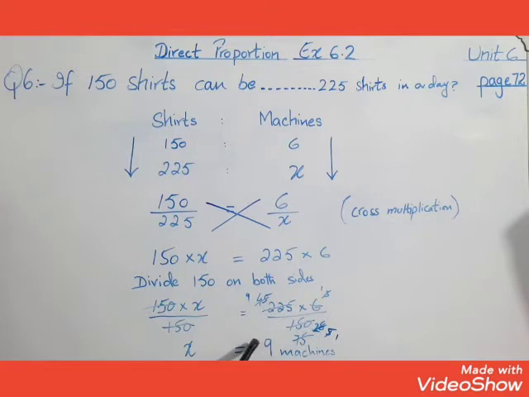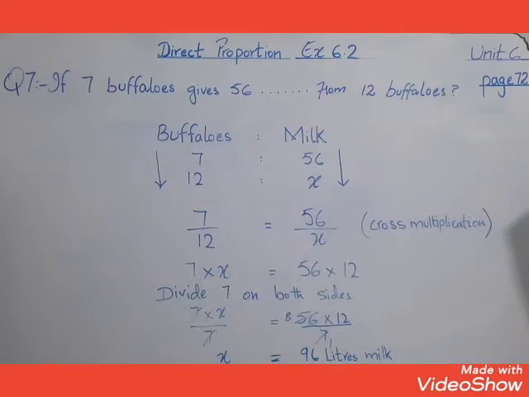Right, students? Okay, students. Now see question number 7. Again, open your maths books and come to page number 72. Now see, if 7 buffaloes give 56 liters of milk, how much milk can we get from 12 buffaloes?